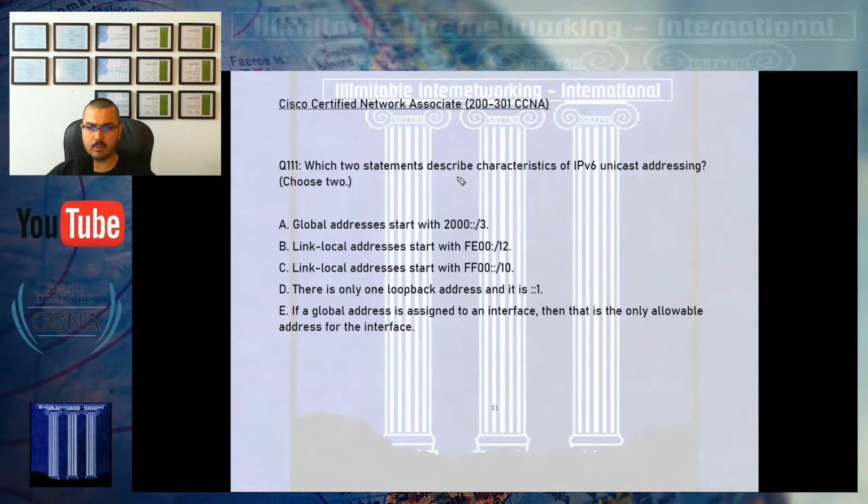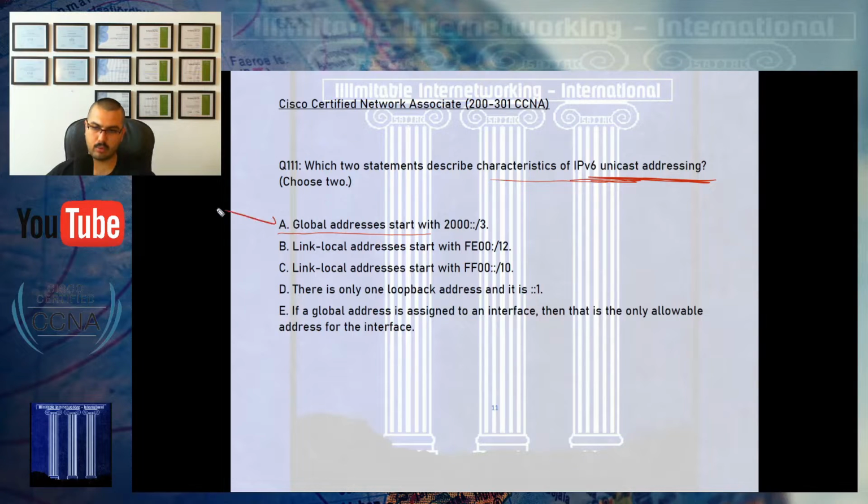Which two statements describe characteristics of IPv6 unicast addressing? We have just talked about that two questions ago. The unicast addressing, which is the IPv6 addresses that we know, not the multicast. A, global addresses start with 2000::/3.